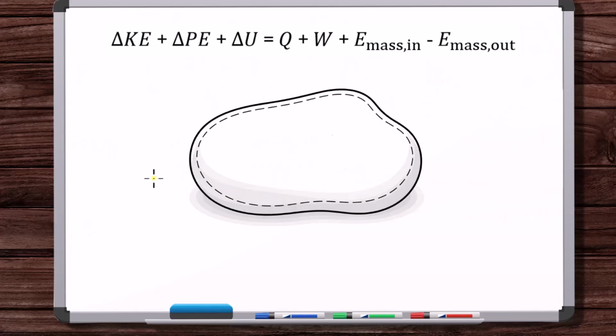Well, the idea is, if you're scientifically analyzing a chemical reaction, and notice I said scientifically, so not just thermodynamically, but scientifically in general, then when you're analyzing any problem in science, physics, or engineering, you're first going to define what your system is. And if we're dealing with a chemical reaction, then in the majority of cases, the system is going to be defined to include all of the substances involved in the chemical reaction.